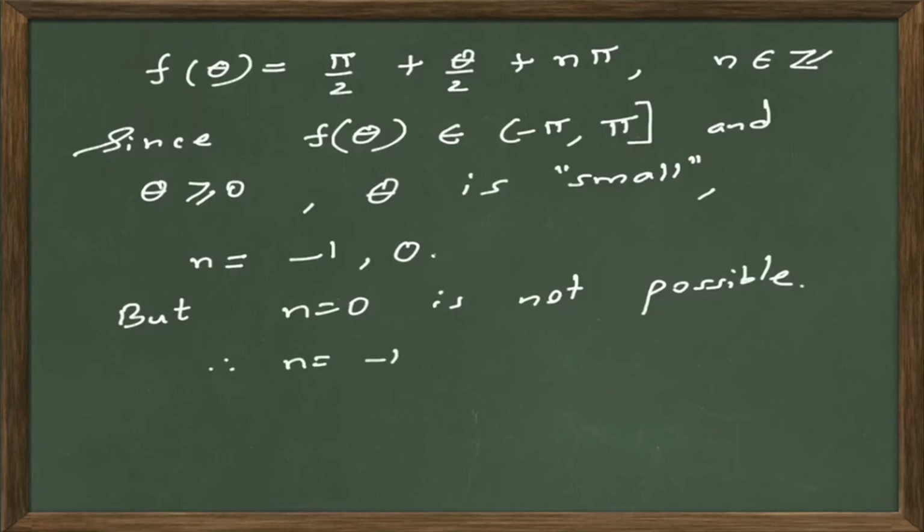Therefore, n is equal to -1, which implies that f of theta is equal to minus pi by 2 plus theta by 2.